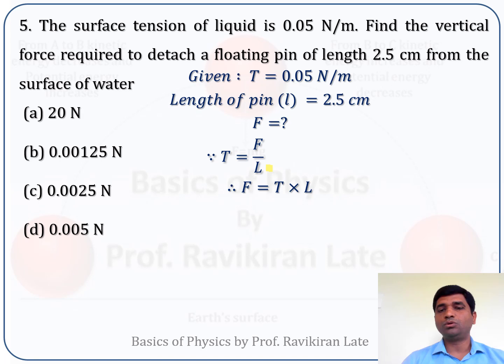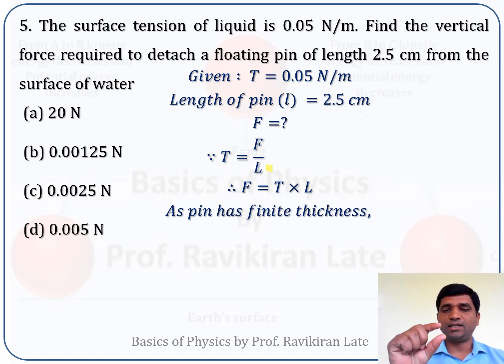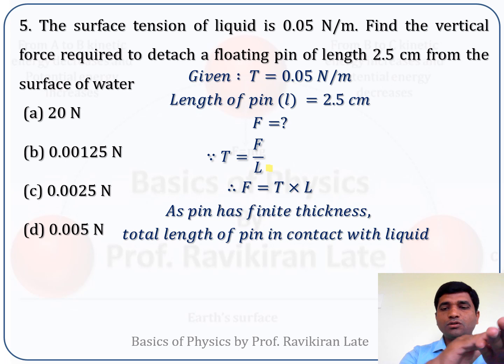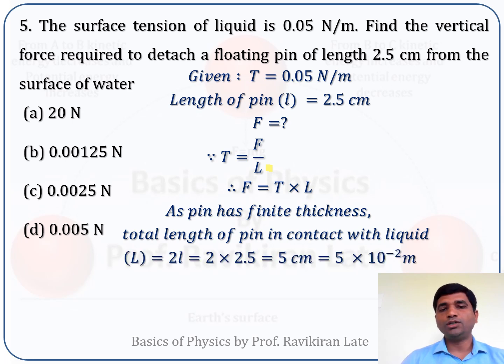So F is equal to T into L. As the pin has a finite thickness, the total length of the pin in contact with the liquid will be nothing but twice its length. So the total length in contact with the liquid will be 2 into 2.5, which is 5 centimeter.